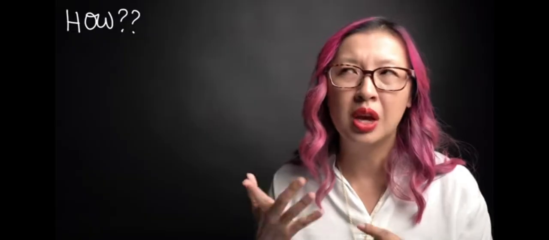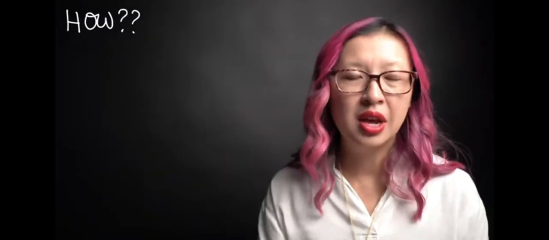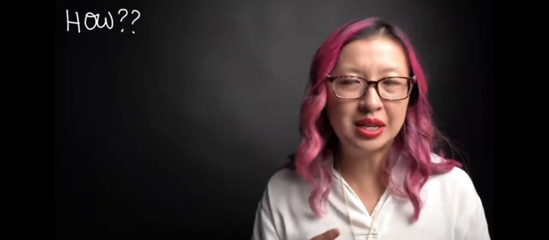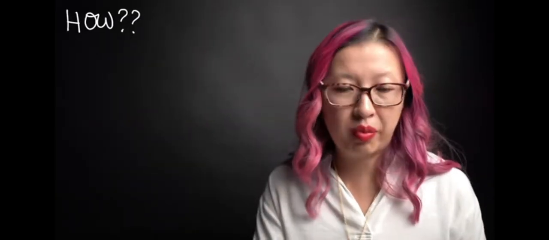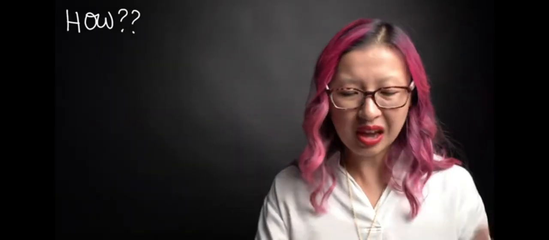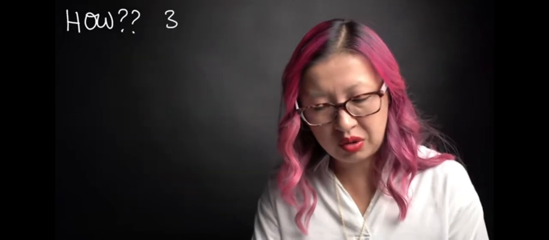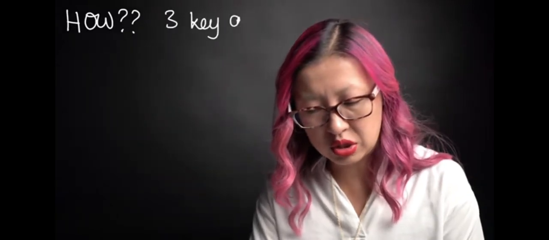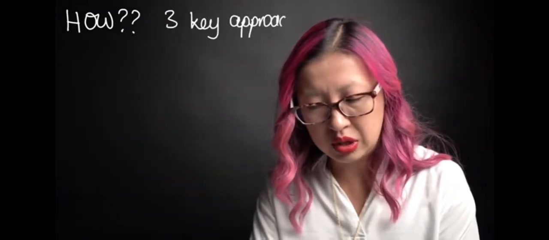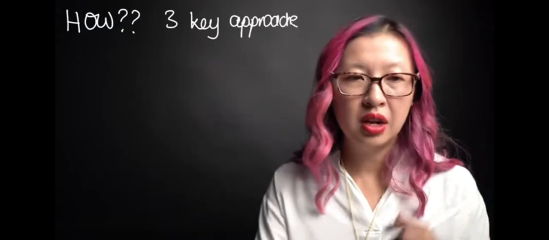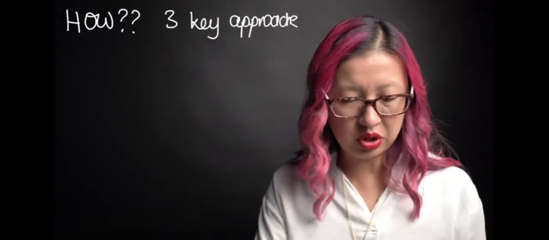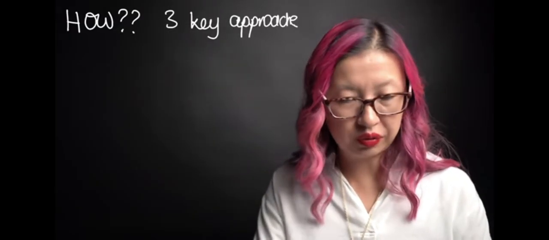How exactly am I supposed to identify the control weaknesses? And sometimes this is something that textbooks don't really talk about. They don't talk about the process of how you do this. And in my almost 20 years of teaching and my years of practical experience, I've sort of determined that there are 3 key approaches in doing this. All right, so those 3 key approaches, let's look at the first one.